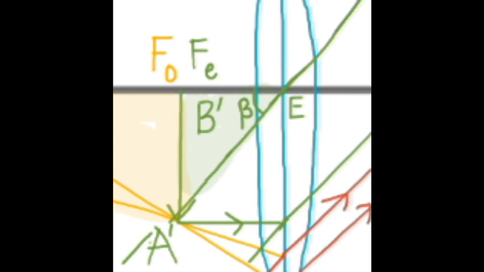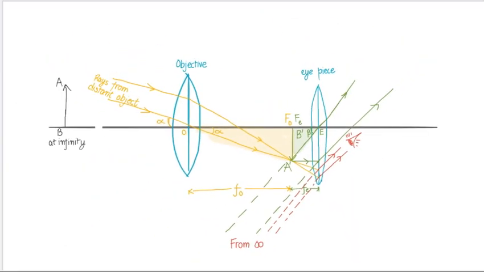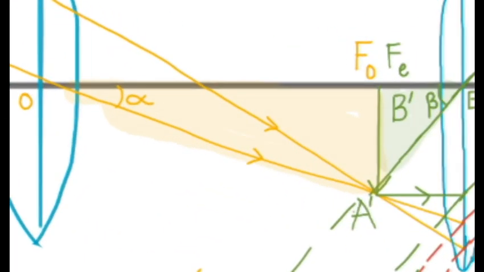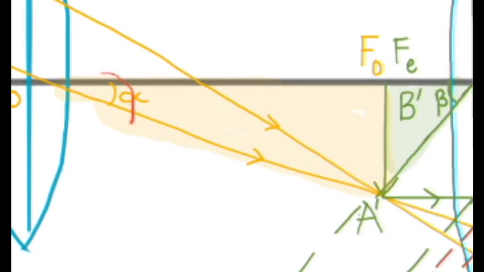Tan beta is the ratio of the opposite side A'B' upon the adjacent side EB', so tan beta equals A'B' upon EB'. For tan alpha, consider this yellow triangle A'OB'.